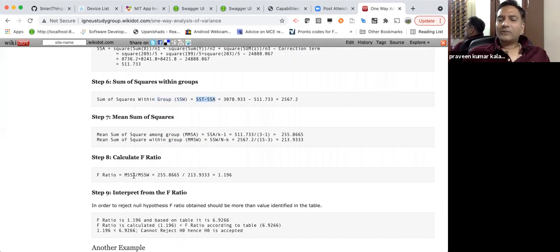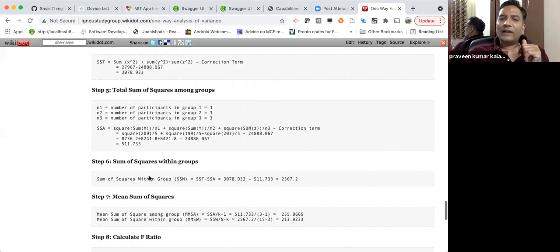You can also remember the F ratio very easily, because as I explained, you are more interested in the variation between the groups. That means that amount should go on the top, and you are least interested in variation within the groups, so that goes at the bottom. So it is very easy to remember this as well.